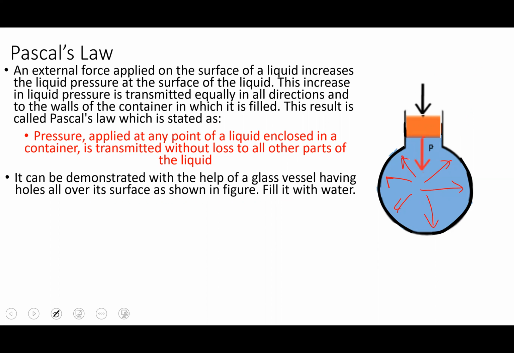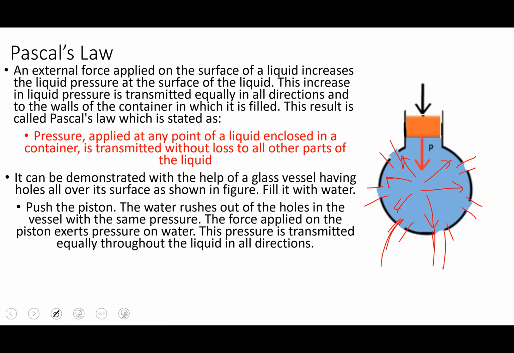Now, if we remove the sides of the hole, like over here, over here, over here, the liquid basically goes out more in the downward direction as compared to the top part. But when the pressure is applied, or the piston is pushed, the water rushes out of the holes in the vessel with the same pressure.